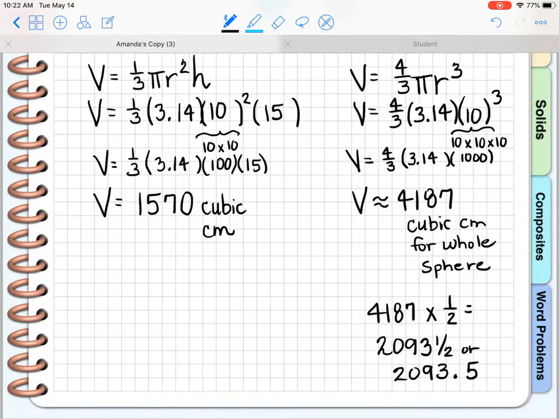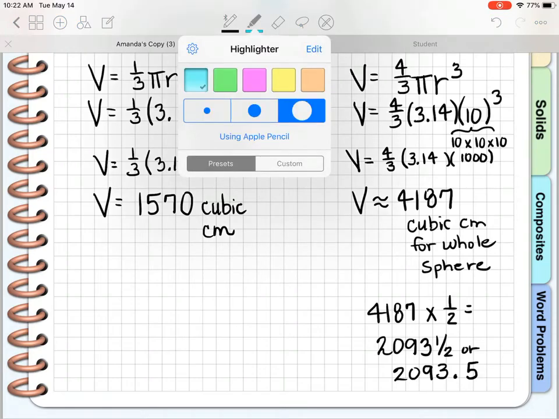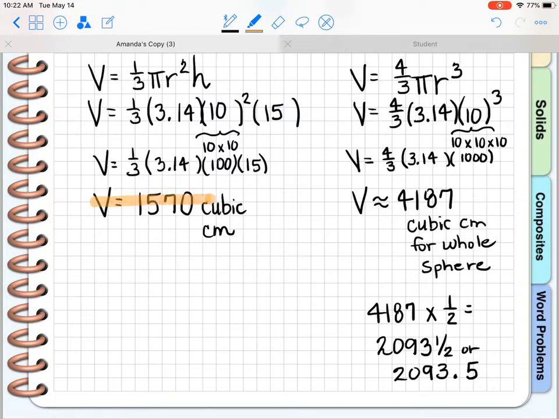And remember, the title of this module is Composites. So we are going to have to take the volume of the cone plus the volume of the half sphere and combine those. So here's my last step. 1570 plus 2,093 and a half.